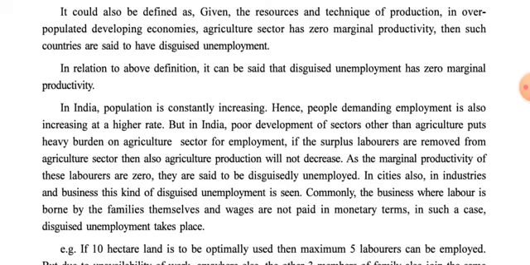As we have discussed the meaning of disguised unemployment, one thing is clear, that there is overemployment of a person in a particular task or activity. Now let us elaborate this term in detail. Disguised unemployment can also be defined as, given the resources and technique of production.